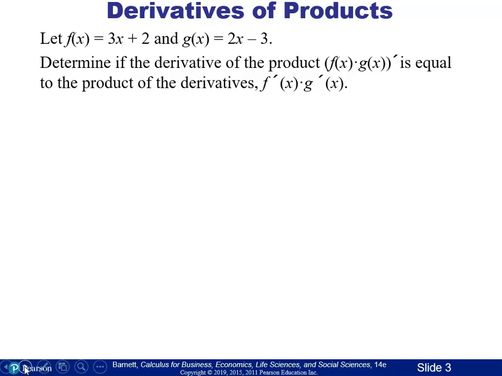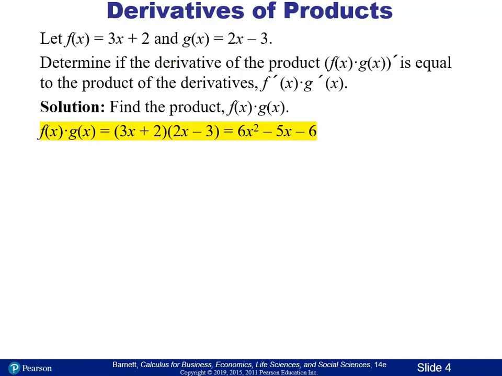Okay, if we look at this particular example here, we want to consider if we were to take the derivative of the product of these versus the product of the derivatives. First of all, if we were to multiply these two functions out, we'd have to FOIL this out: first, outer, inner, last, and simplify it, and we get this expression here.